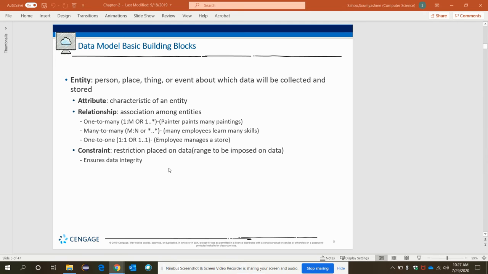A constraint is a restriction or a limitation placed on data. So let's say in a table or in a database, you will just include the names of employees, or let's say customers.